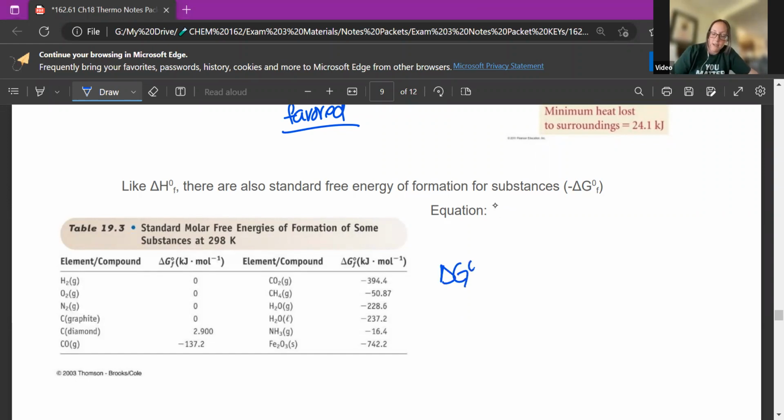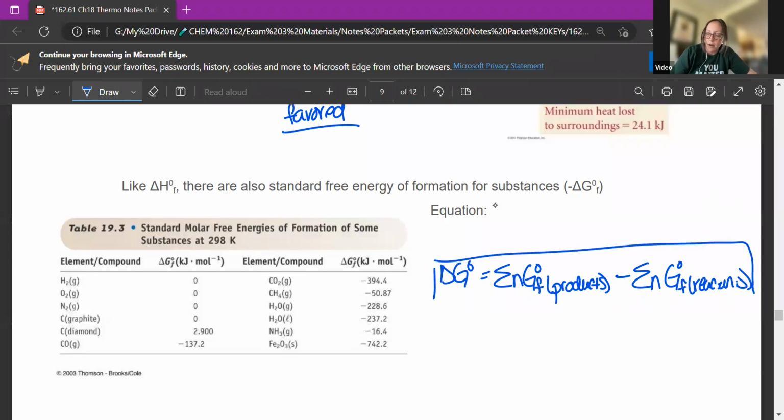Delta G naught, remember that means 25 degrees Celsius and 1 atmosphere, is equal to the sum of n times G naught f, I'll talk about what that f means in a second, of the products. Okay, again, it is products minus the reactants, sum of n G naught f of the reactants. Okay, exact same equation, products minus reactants.